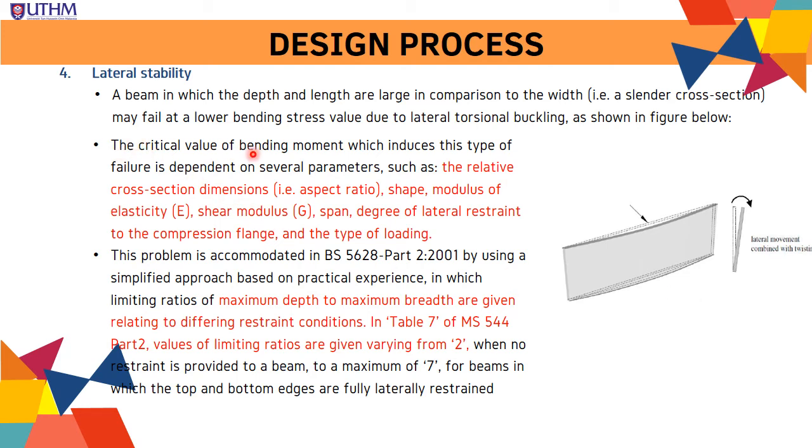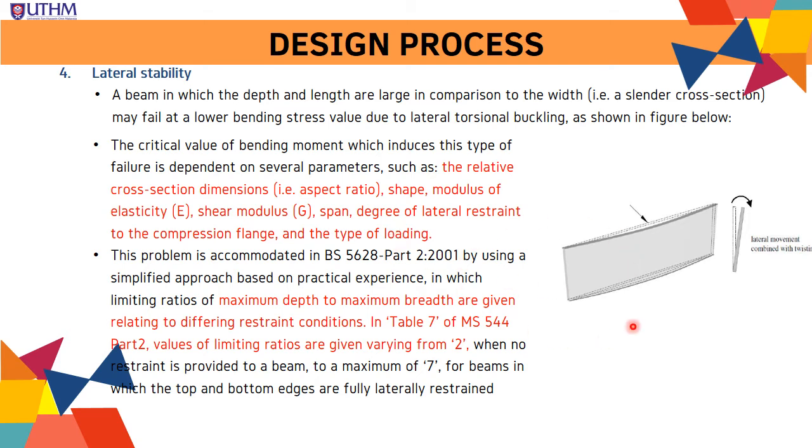The critical value of bending moment which induces this type of failure depends on cross-section dimension, shape, modulus of elasticity, shear modulus, span, degree of lateral restraint, and also type of loading.